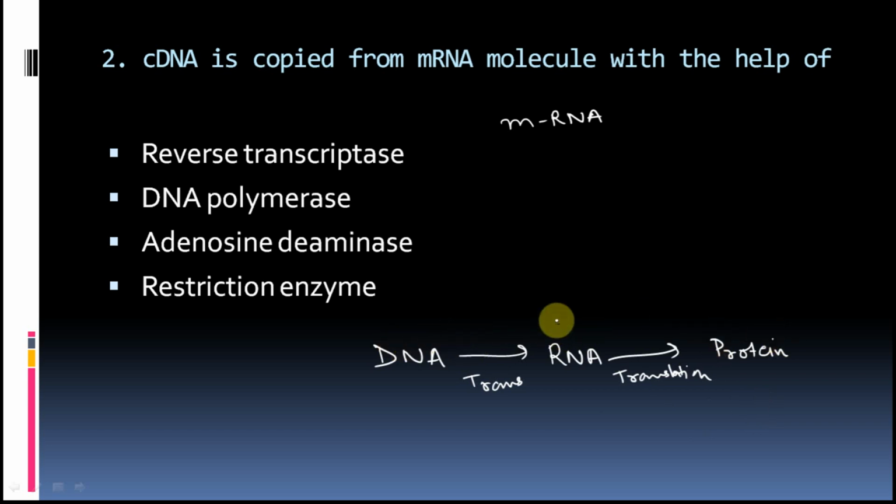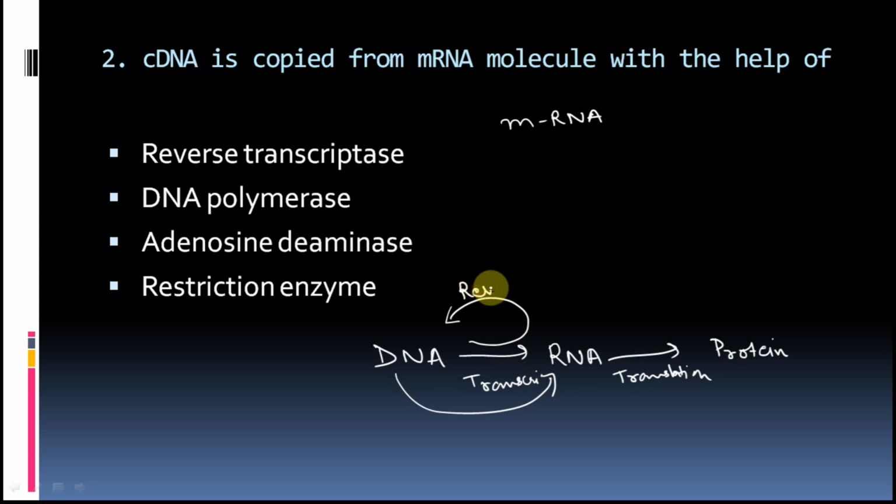But sometimes the opposite of the central dogma also happens, where the DNA copy is formed from the RNA. Okay, so this is known as reverse transcription. Since the process from DNA to RNA is known as what? Transcription.